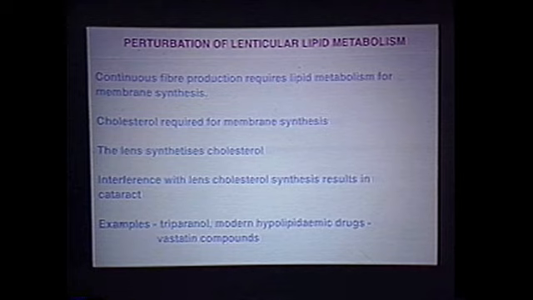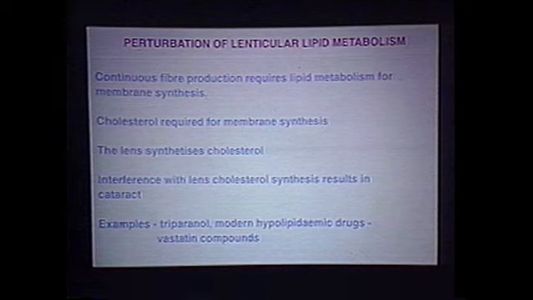And there are a number of examples of this. Triparanol is the oldest example, but many of the modern hyperlipidemic drugs, particularly the vastatin compounds, have the potential, at least in experimental animals, of producing cataracts.